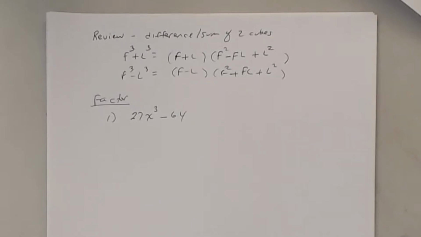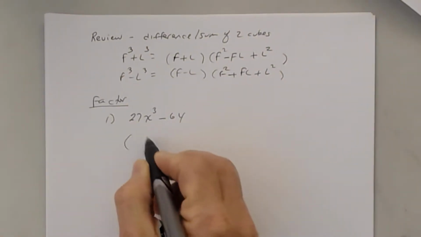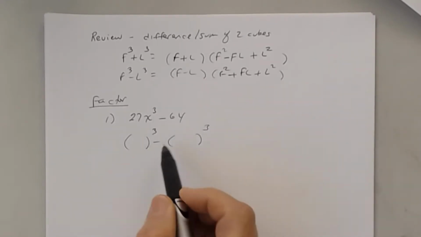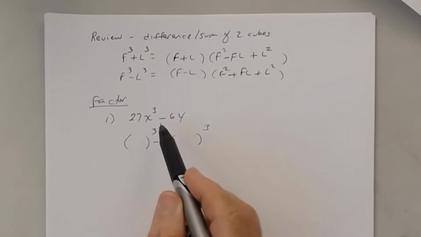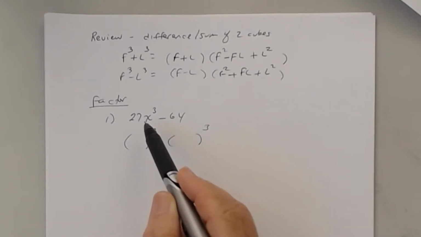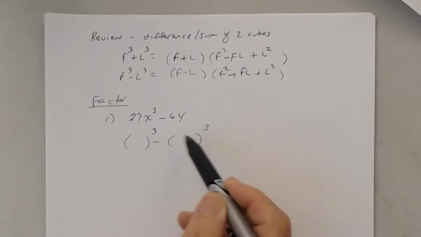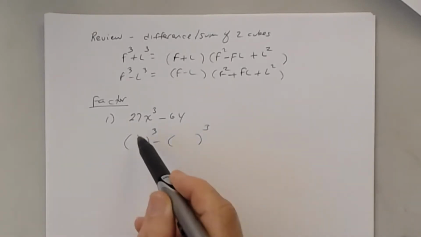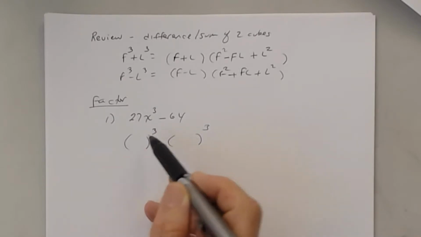Now remember, what you need to do to help yourself is do the work. So ask yourself, this is the difference of 2 cubes if I can fill in these parentheses. If I can write the first term as something cubed and the last term, 64, as something cubed. Can I fill in the first parentheses?